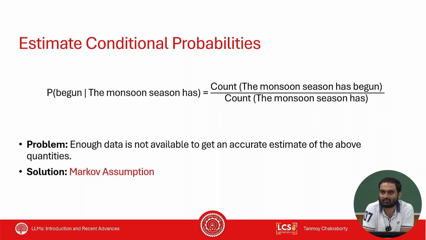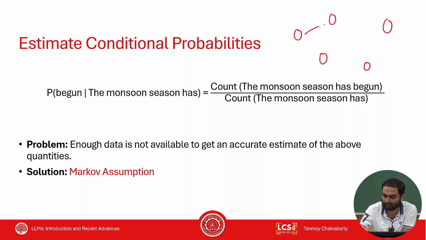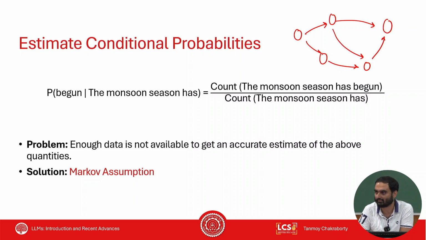The first order Markov assumption says that, so Markov process, as we all know, is a state space model, right? The states are connected through transitions, and different transitions have probabilities, right? So you start from S1, S2, S3, S4. Let's say this is the start state. This is the end state, for example, right?